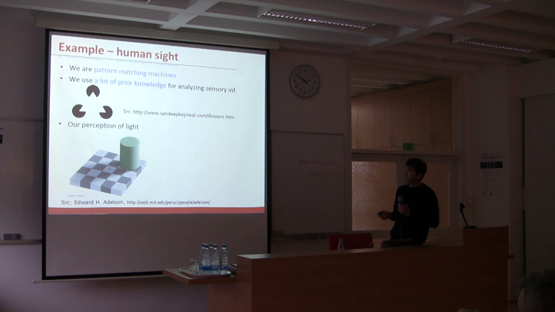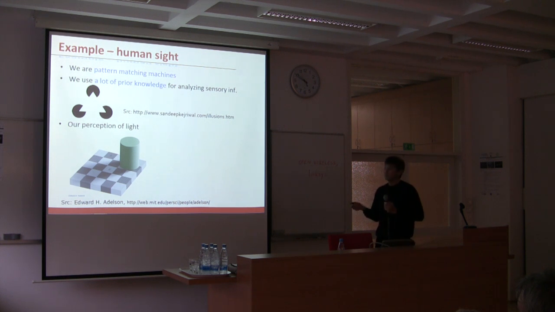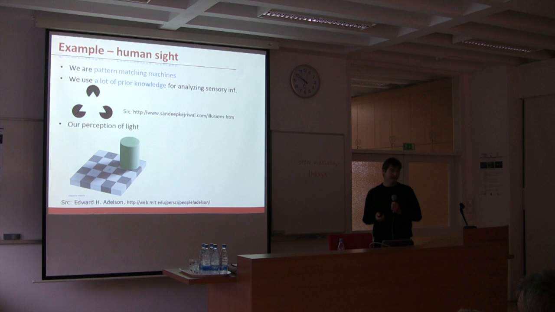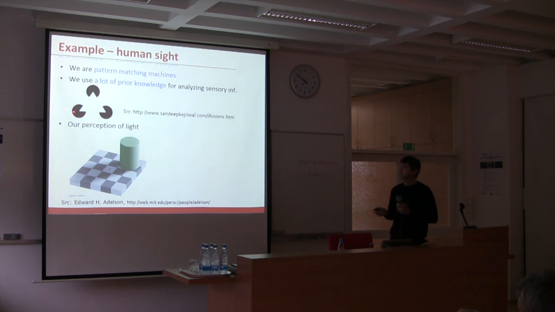Here we perceive a white triangle over these black circles, but in reality, of course, we don't see the white triangle, we just perceive it. So this is, in a way, a trick of the mind. We perceive something we don't see. This principle can come in very handy when dealing with occlusions in the real world. So, for example, because of this, we can perceive a bicycle behind a tree.